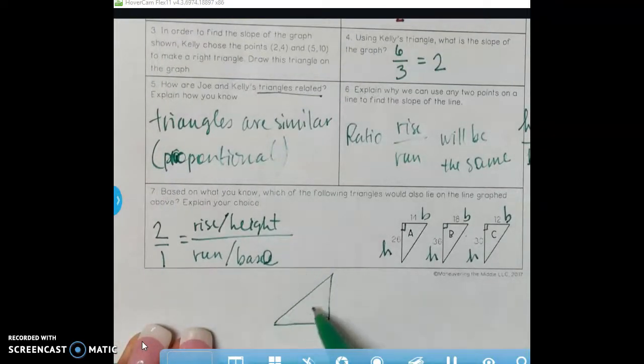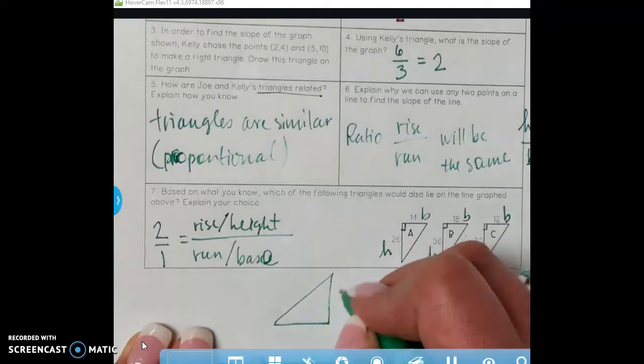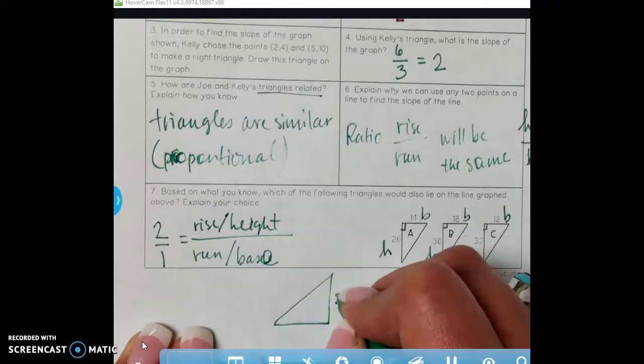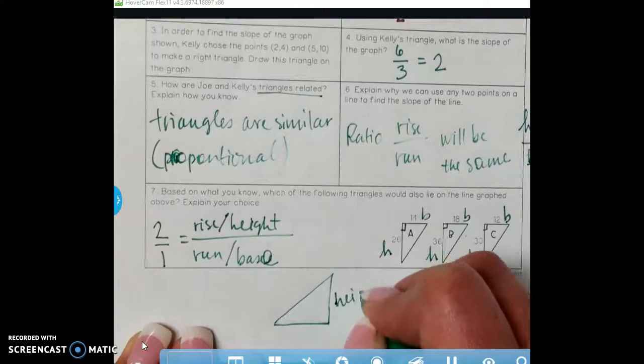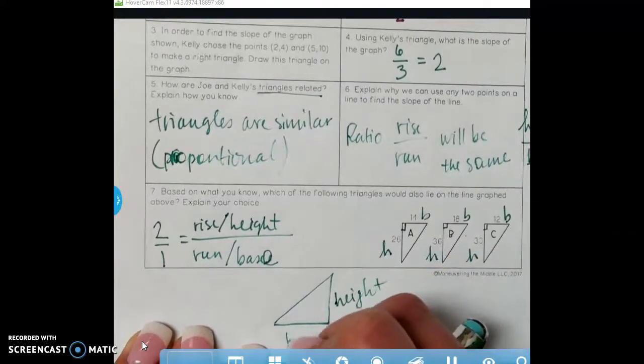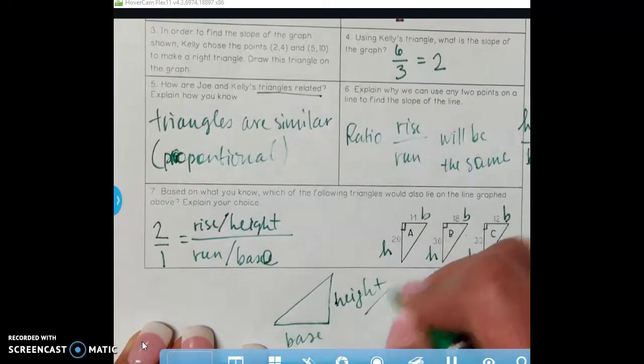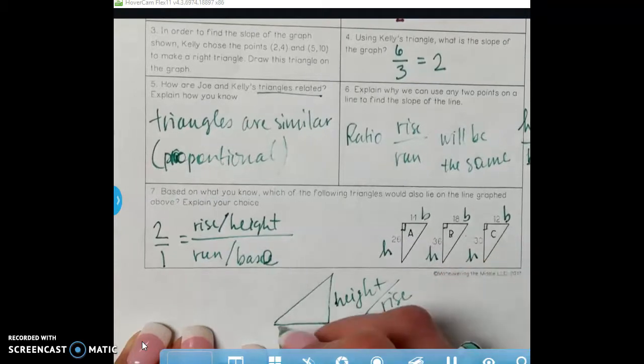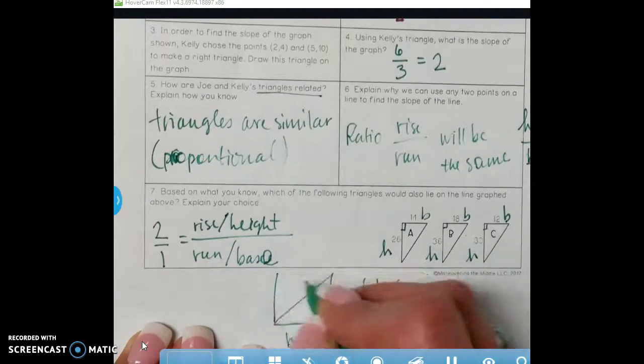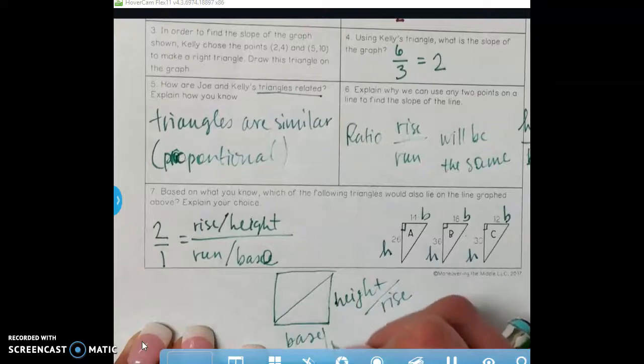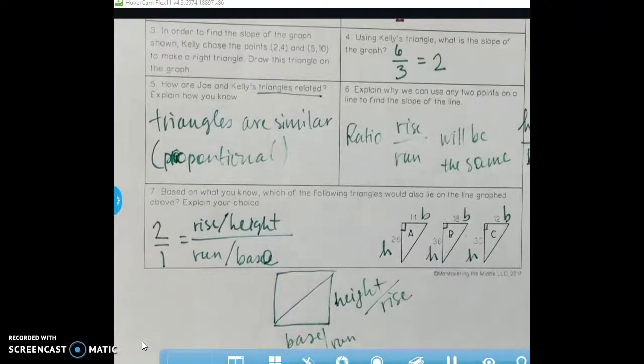And I think it really confused you. Remember, this is still the rise, this is your height, and this is your base. It was rising these many units and then running. So a little bit of a different approach, but your relationship still has to be done in correct order.